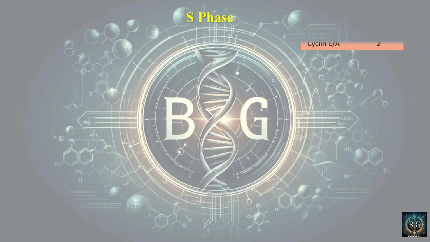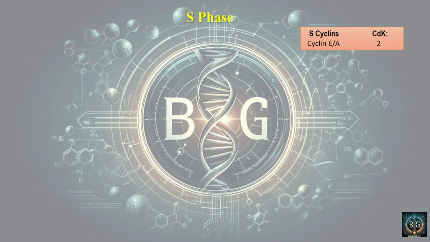Okay. When the cell is allowed to enter the S phase, that means when the cell goes from G1 to S phase, different mechanisms take place in S phase, most importantly DNA replication.